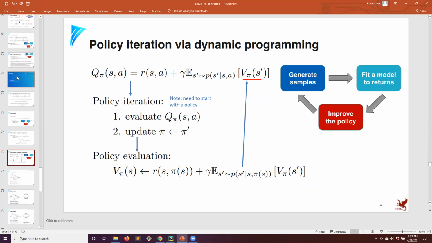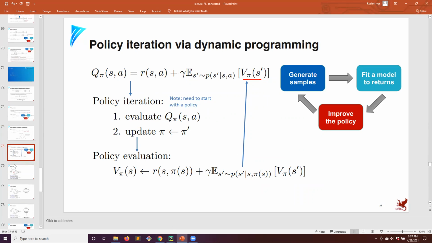Then we use this argmax, right? And then we compute this new policy. And after that, with that new policy, we again find the value function. And then we keep repeating this process. So it's a cyclical process, because this is then used as the V pi here, and then we continue onwards.